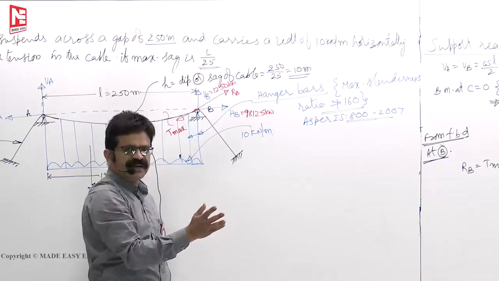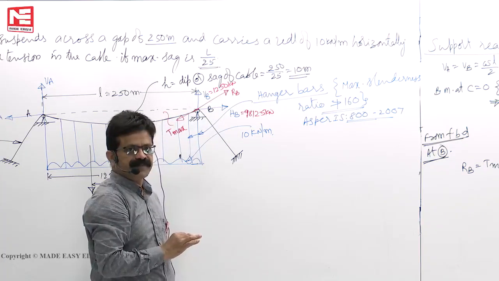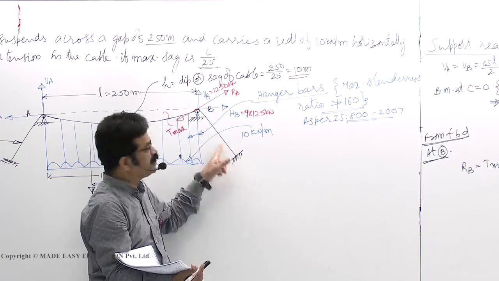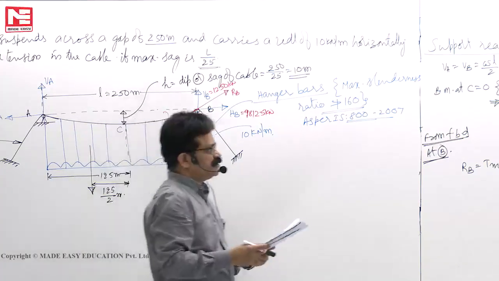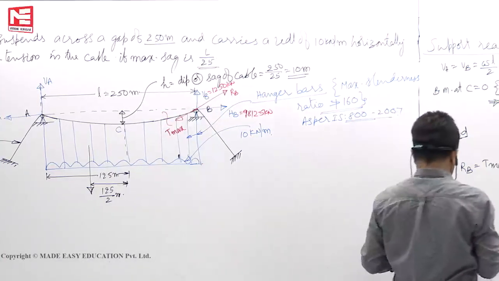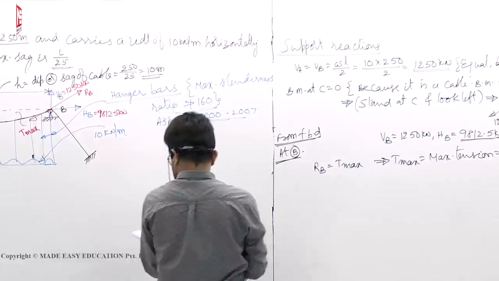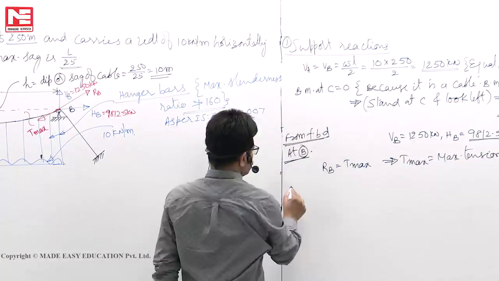So assume the anchor itself is not there, only this is our part of the structure. If the anchor cable and its slope are also given, then the total reaction will be different. So 9911 kilonewton.